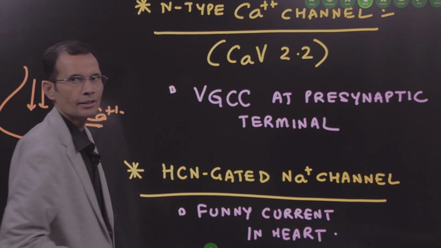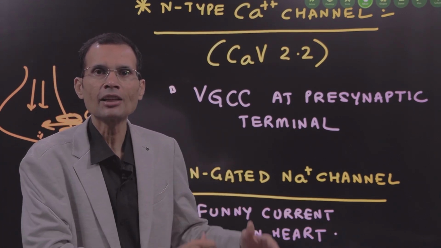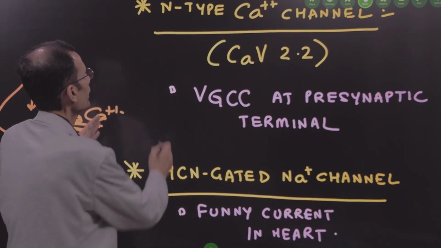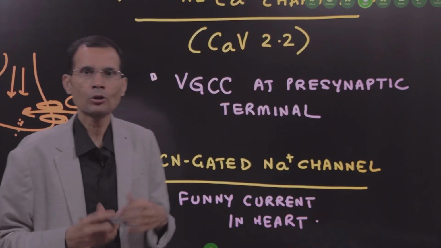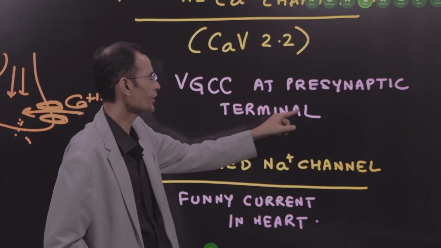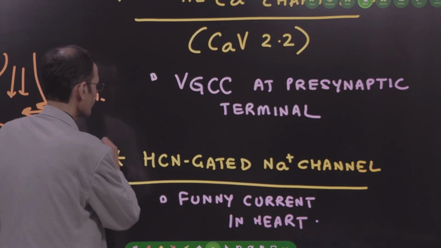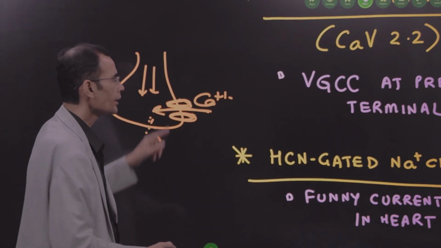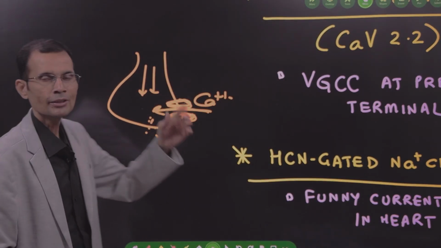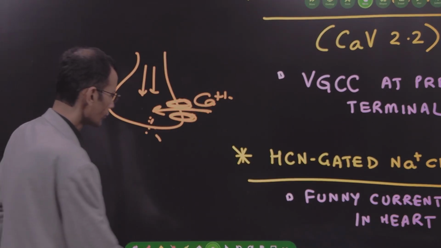So simply speaking, this is a voltage gated calcium channel, also called the N-type calcium channel. And we are all aware already that this voltage gated calcium channel is at the presynaptic terminal. So whenever the impulse arrives, this channel opens and calcium influx occurs through this channel.